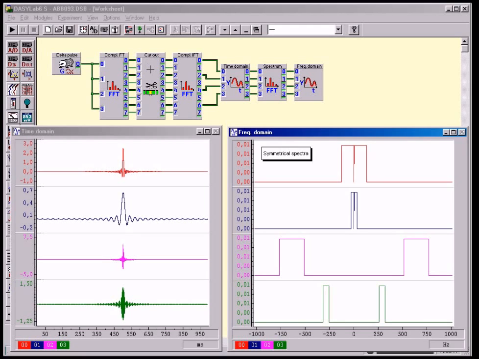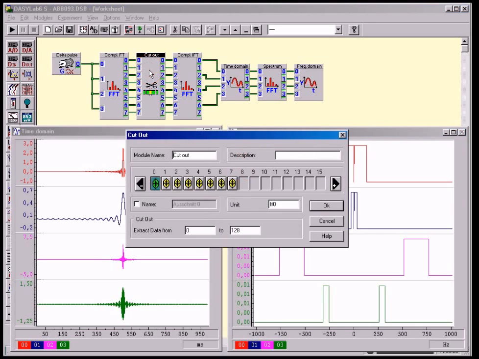The delta pulse is first transformed into the frequency domain, Ft. If a low-pass signal is required, the frequencies from 0 to the cutoff frequency are cut out.